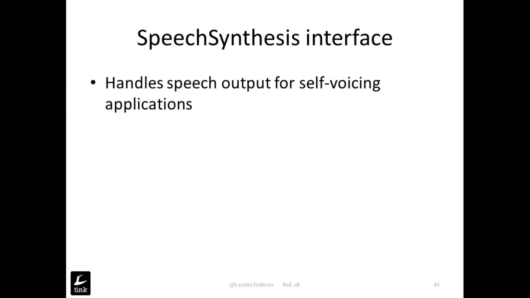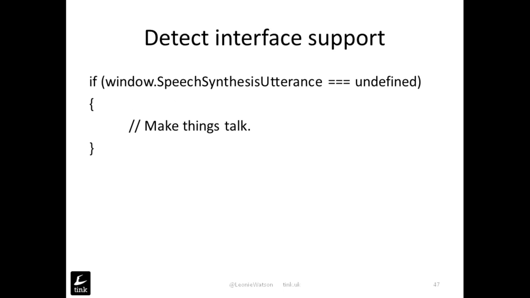If you want to create an application that is self-voicing or has some kind of speech capability, this is the one that you can use, and it's the one I'm just going to focus on for the next few slides. Again, it's a fairly new API, so support is reasonably limited. Your best bet is either Chrome or Chrome derivative browsers like Yandex, or Safari if you want to play around with the Web Speech API.